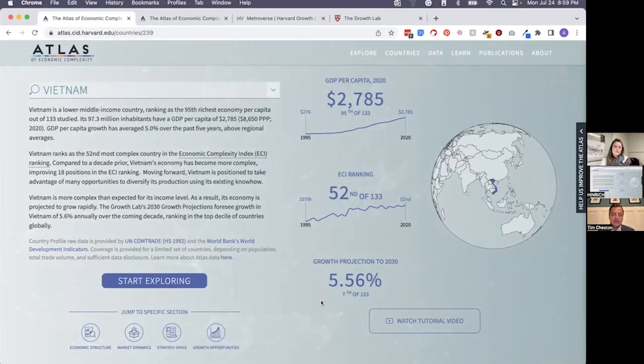And so this is a very actionable tool, but we don't recommend narrowly picking winners and saying, oh, the Harvard tool says here are the 50 industries that Vietnam should move into, and it has to be these 50 industries. We look at this more as saying, it looks like there's a budding electronics sector that has been successful in Vietnam, but there still remain other new areas of electronics that Vietnam has not moved into.